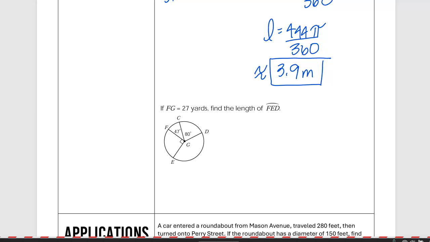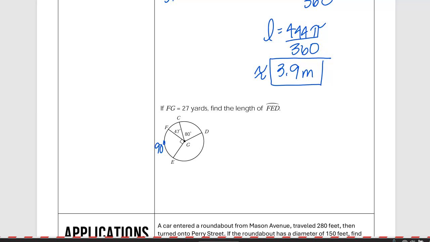All right, let's look at the next one. So we have 90 degrees here. We have 47, we have 80. That means that this piece will be 360 minus 80 minus 47 minus 90, which is 233 degrees. Oh, sorry. We want to find FED.